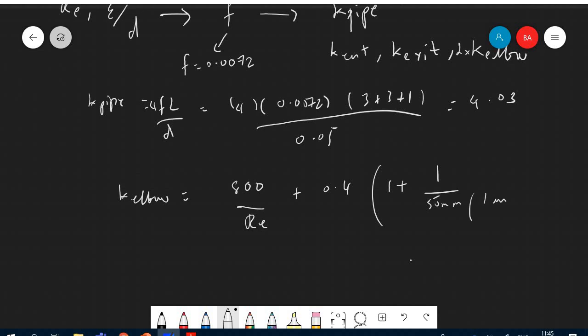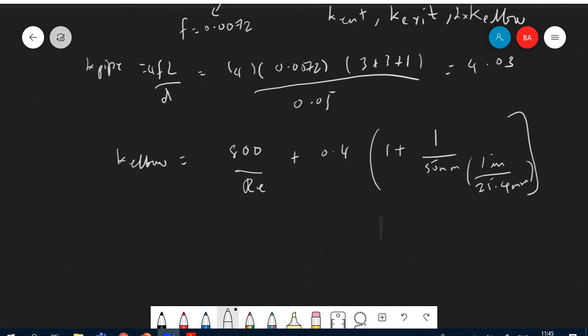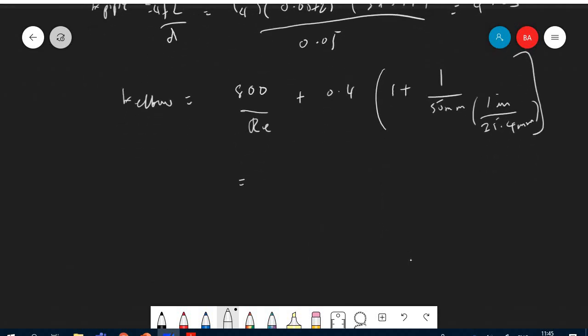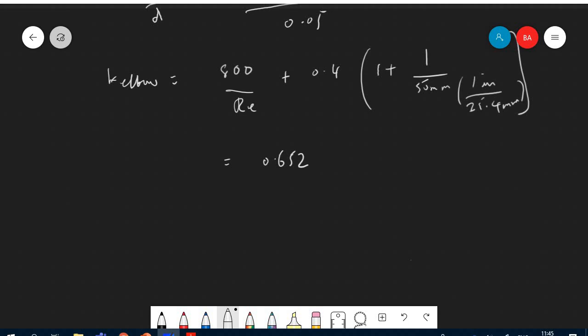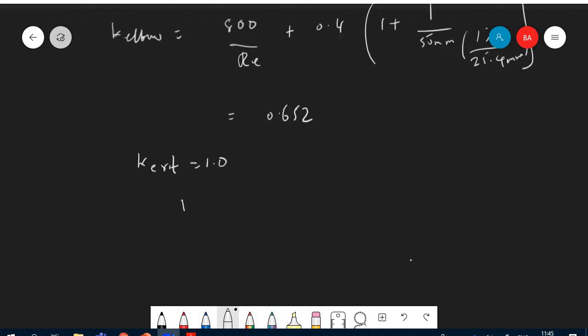To put things in inch, because it says here that this internal diameter should be in inch, 1 inch is 25.4 millimeters. If you do your calculation, you're going to find your answer is 0.652. However, we need to multiply this by 2 later because we have 2 elbows.